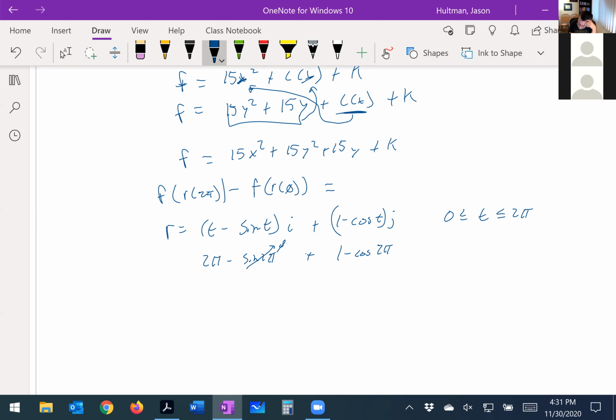Think about this for a second. So this is 2 pi i plus, this is the cosine of 2 pi. r of 2 pi is 2 pi.